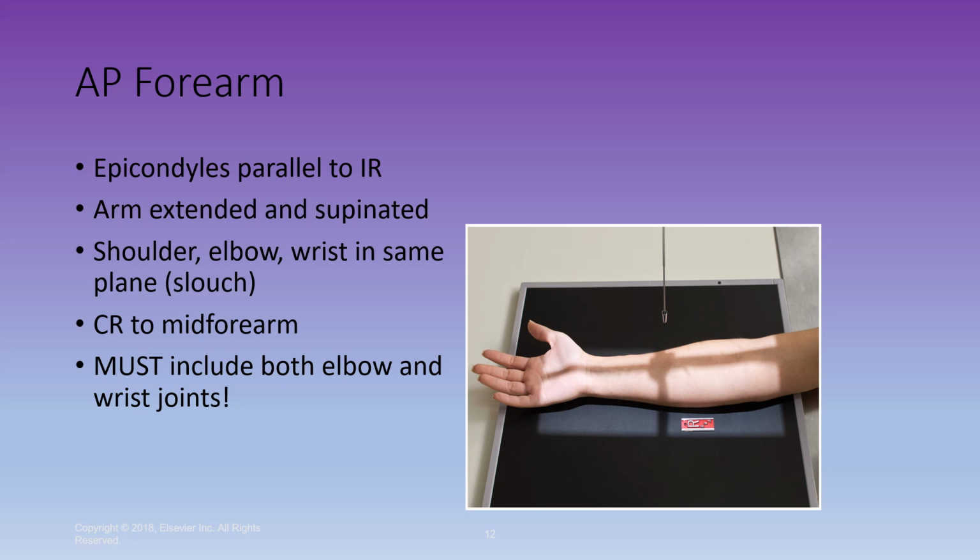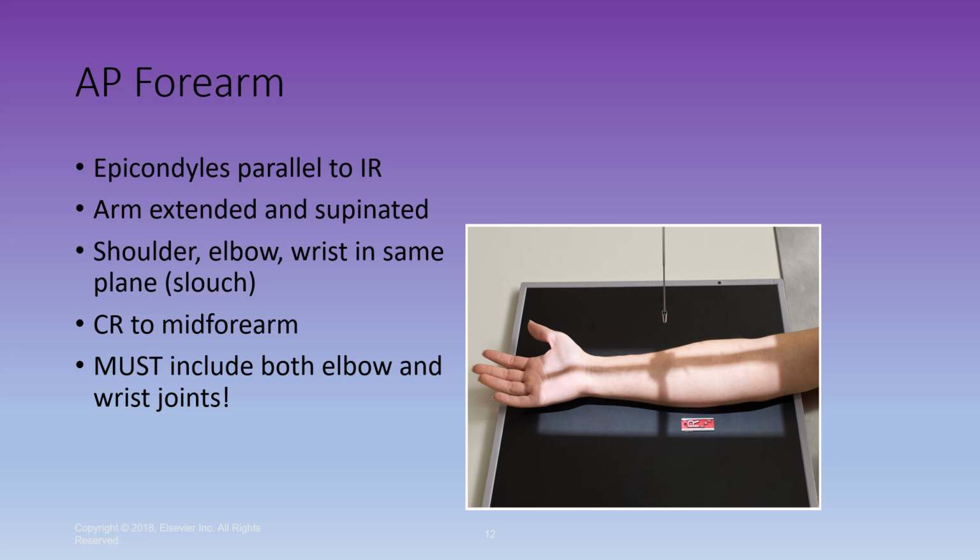Whatever works best for your patient, whether they slouch in the chair, whether you build up the image receptor, or you raise the table. If you raise the table, recognize you're going to have to raise your SID to maintain 40-inch tabletop. You want the center of the forearm in the center of the image receptor.